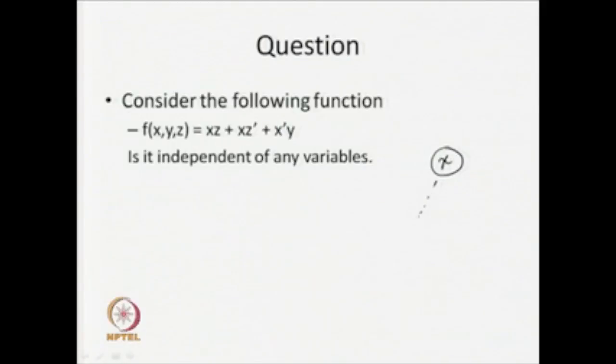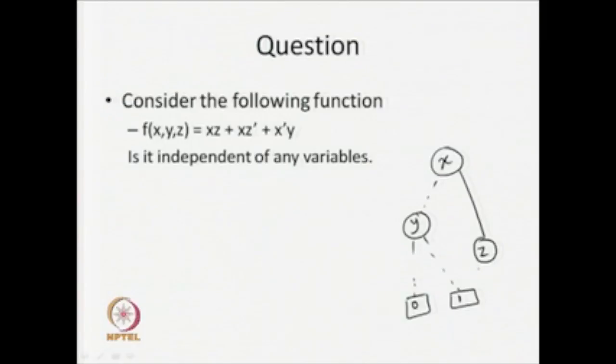So, x equal to 0, I have to take a decision on y. If x equal to 1, then I have to take a decision on z. Now, if y is equal to 0, then it is 0, and if y is equal to 1, then I am having 1.